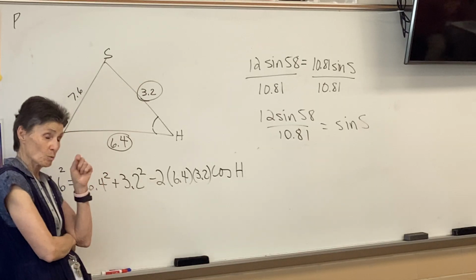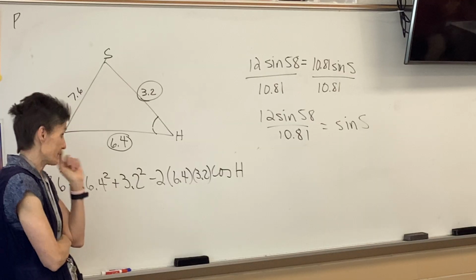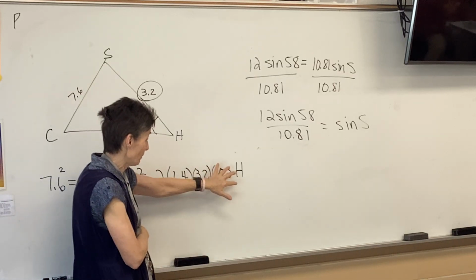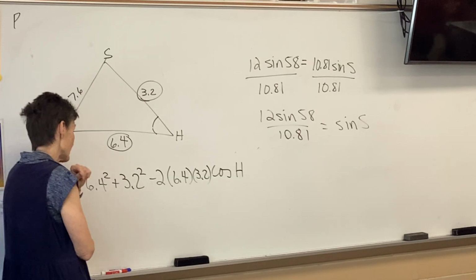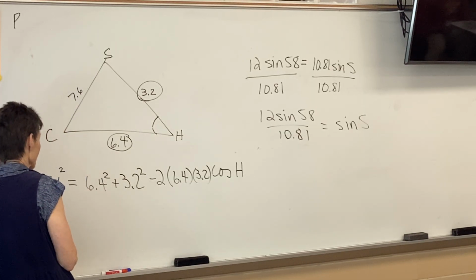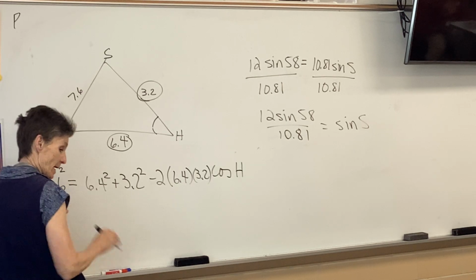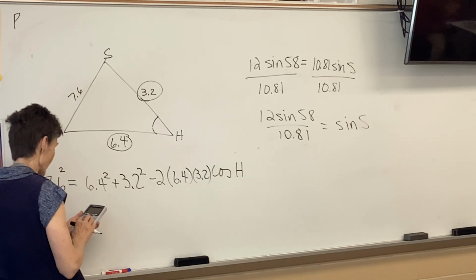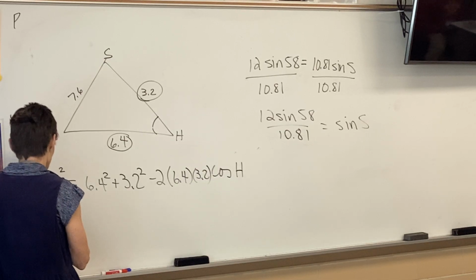Now, this one is going to be a little bit tougher to type in, simply because the variable is kind of stuck over here in the middle of some other stuff. So here's what I suggest. Let's go ahead and do the arithmetic. Let's figure out what 7.6 squared is: 57.76.